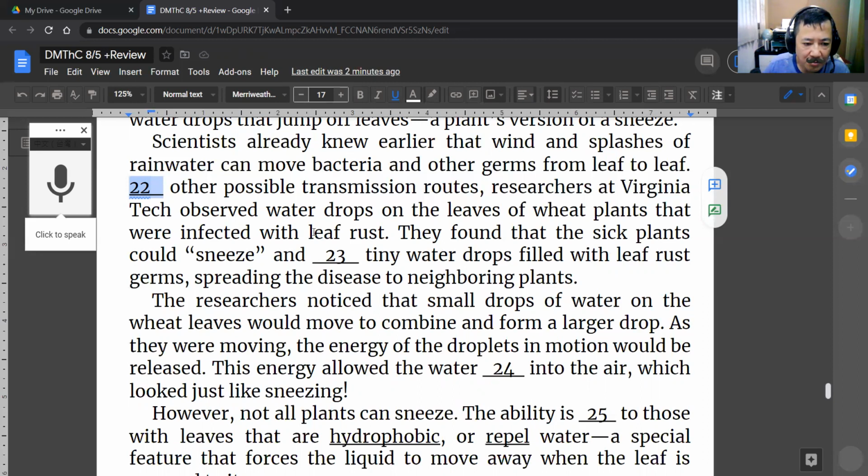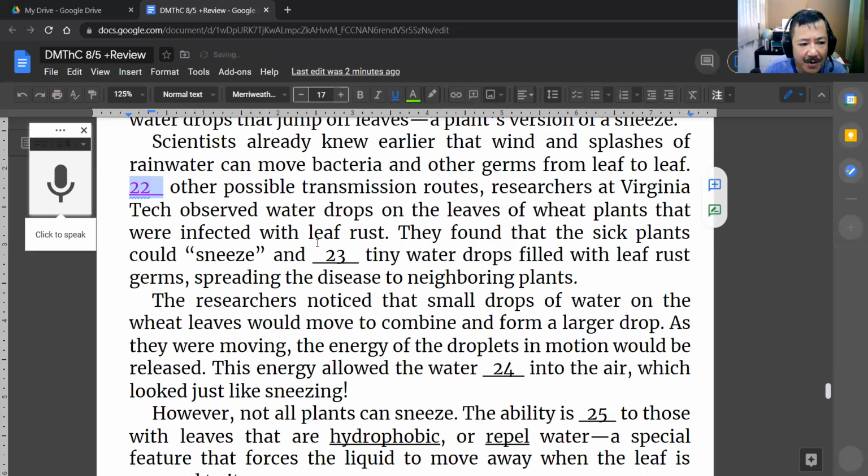They already knew that there is one way that germs can travel from leaf to leaf. And now they study this plant and leaf rust to do what? You already know something, and you do another test to probably find something else. So something like find another possible way, right? So here, for 22, let's make it purple.